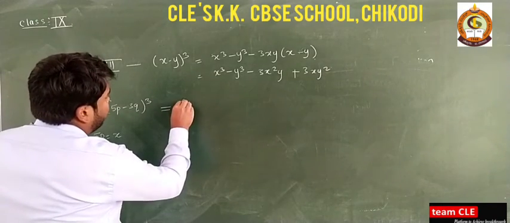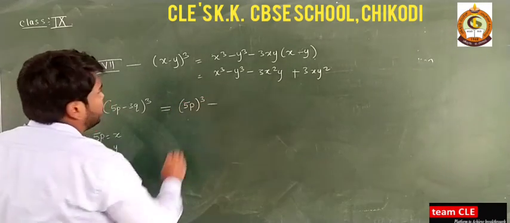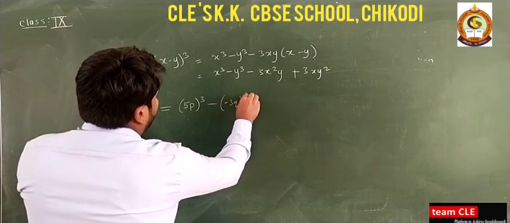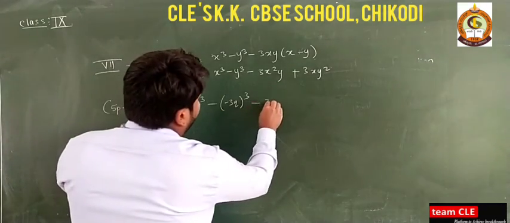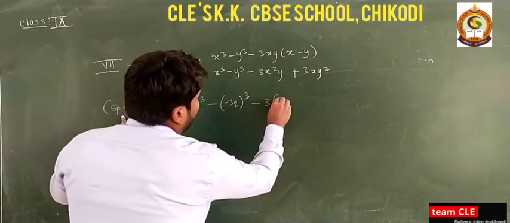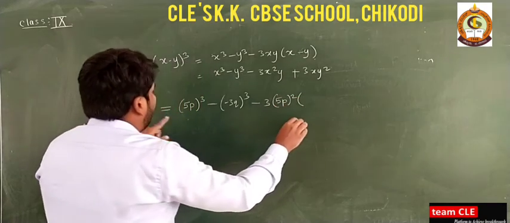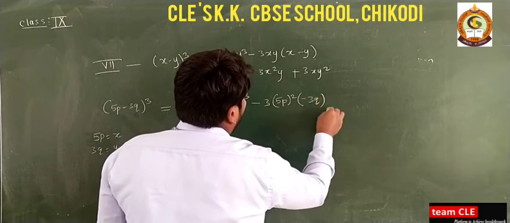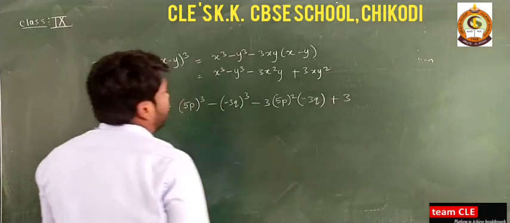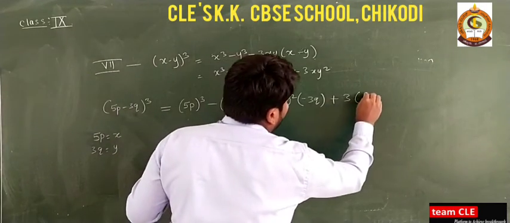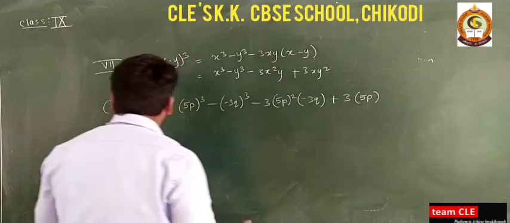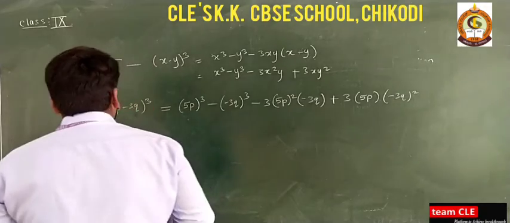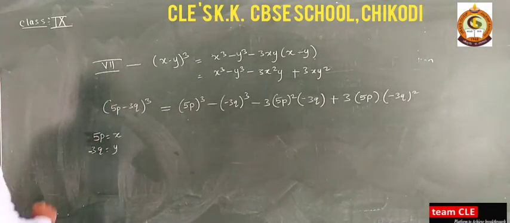So I can write this as (5p)³ − (3q)³ − 3(5p)²(3q) + 3(5p)(3q)².